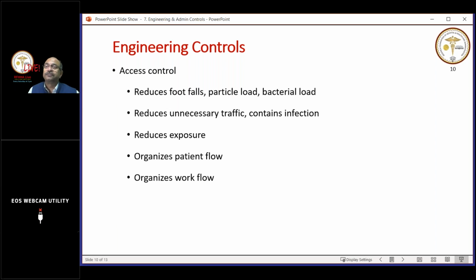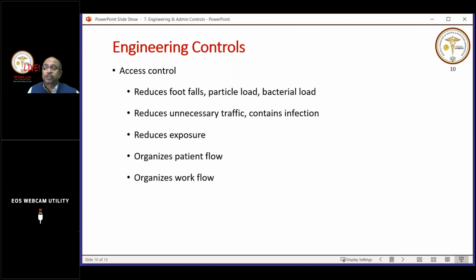So this is reduced when you reduce the footfalls. It also reduces the unnecessary traffic. It helps in containing the infection, reduces exposure, because people who are not necessary in a certain area do not come there and therefore are not exposed to the infectious agents.